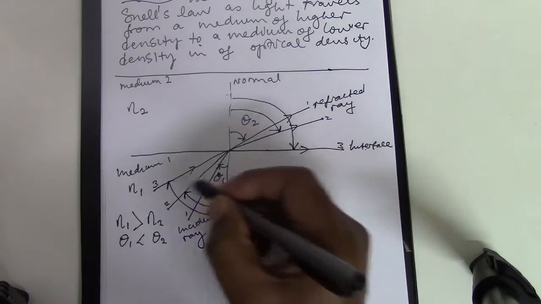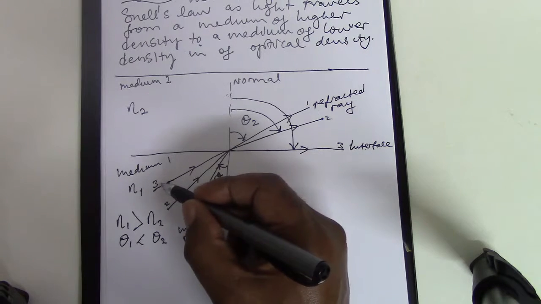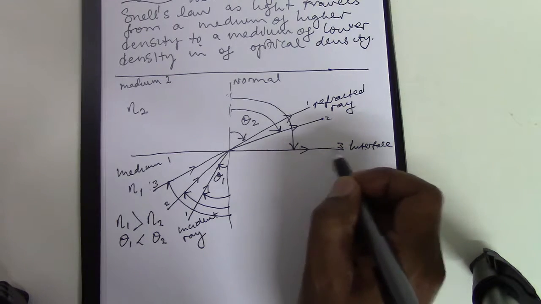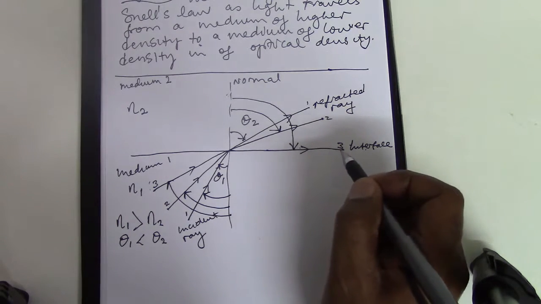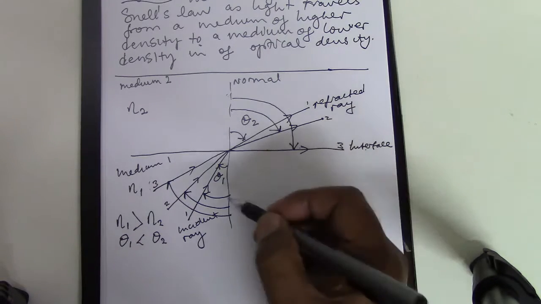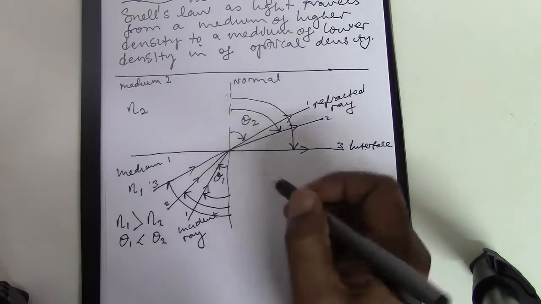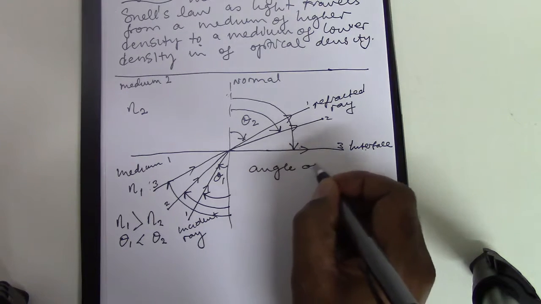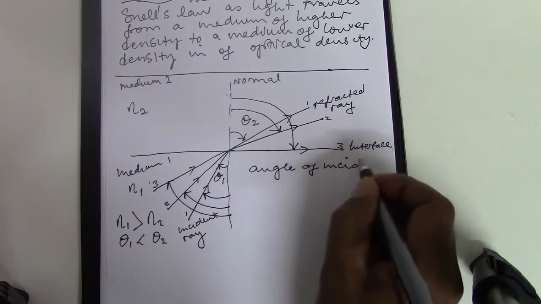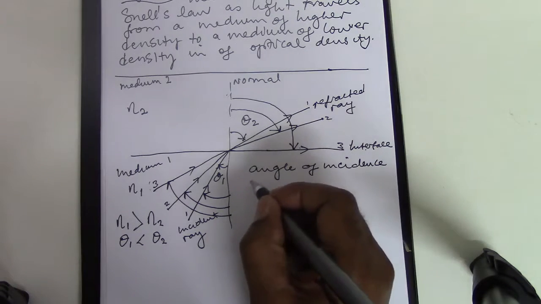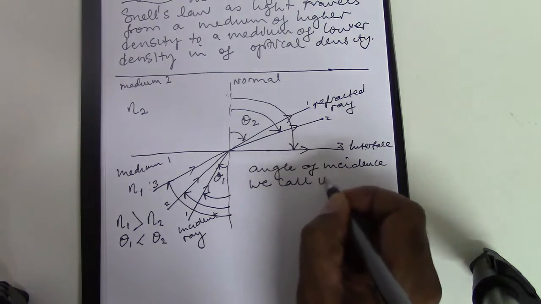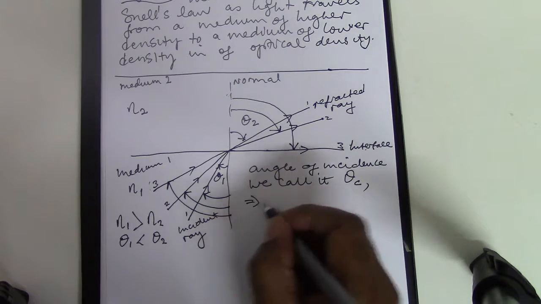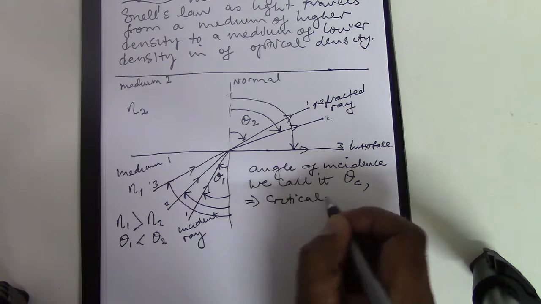Now at position 3, where the refracted ray is along the interface, this angle of incidence we call theta c, implying critical angle.